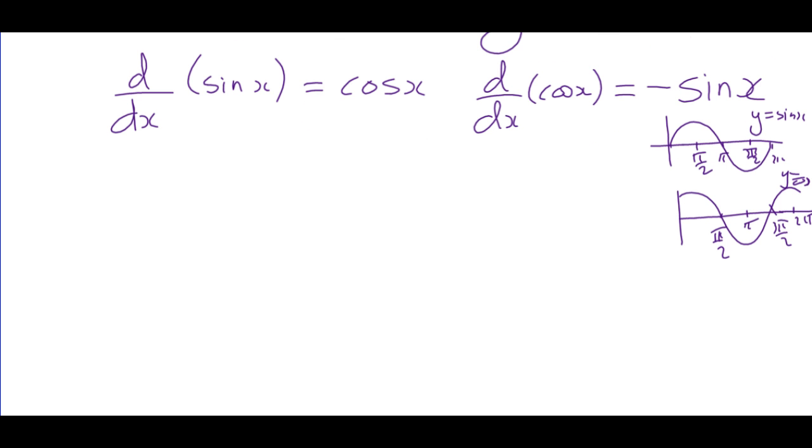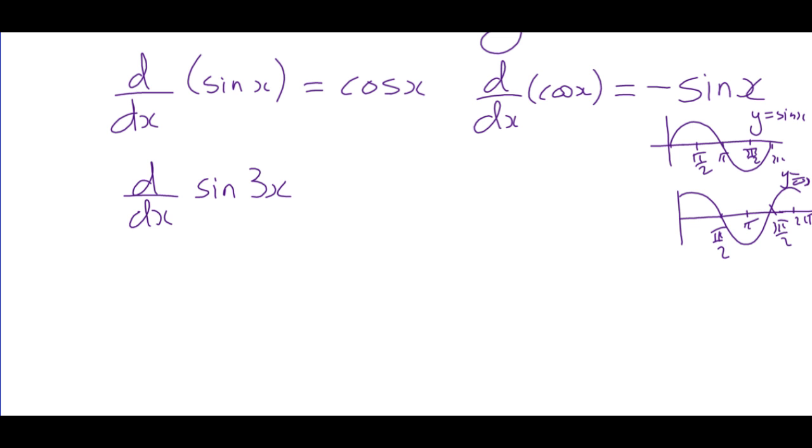So what is d by dx of the sine of 3x? That's a chain rule type thing. We have two functions. We have the outer function, which is sine u, and the inner function, which is u, which is 3x.